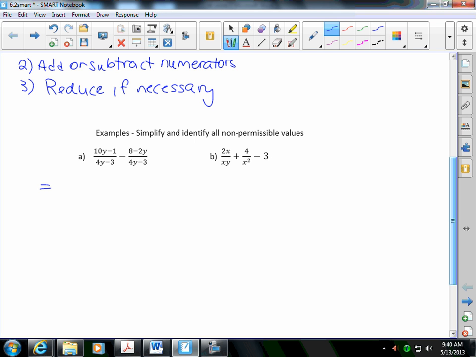So if I rewrite this, I have 10y minus 1. This 8 minus 2y is being subtracted. So that means that this minus sign in front of here has to affect that 8 and the minus 2y. So this becomes minus 8 plus 2y.